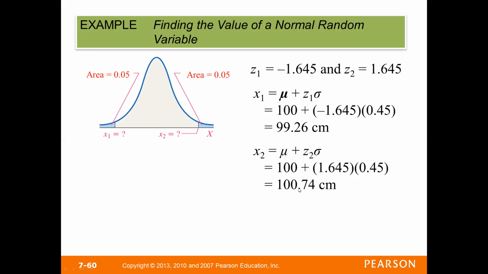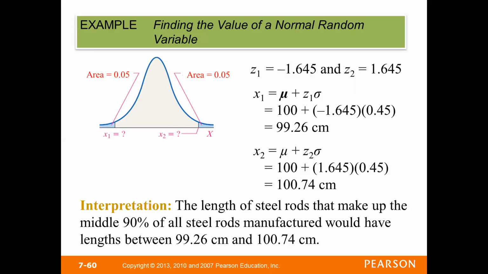If it's smaller than 99.26 or more than 100.74, then it's too far out of my range of tolerance and I'm going to reject it. So the interpretation is that the middle 90% of all steel rods have lengths between 99.26 and 100.74.